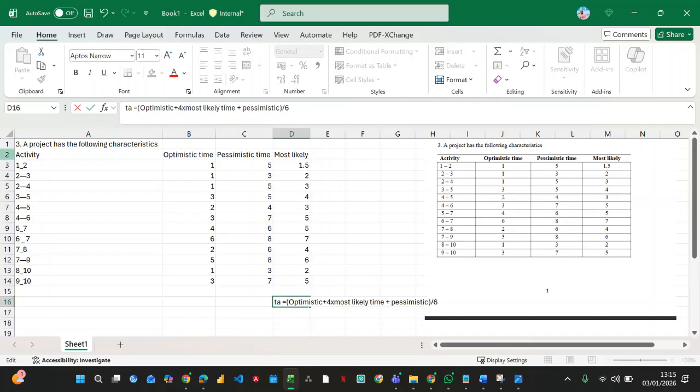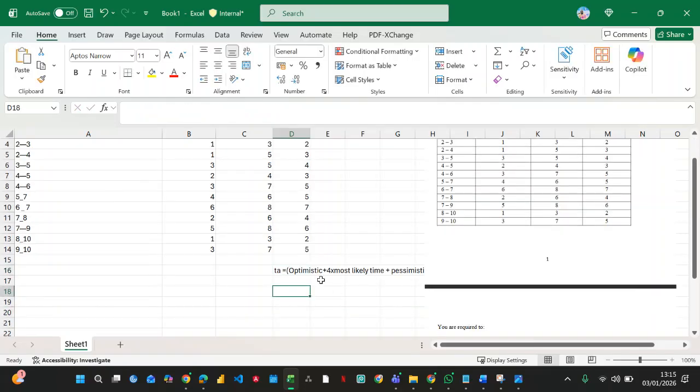So it is very simple, right? But in our notebook, in our course material, you see the formula is written this way: T equals A plus 4M plus B, all divided by 6. So what you see here is what is there.